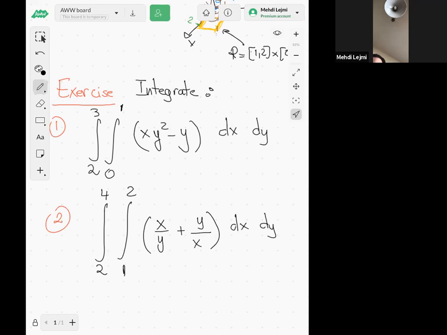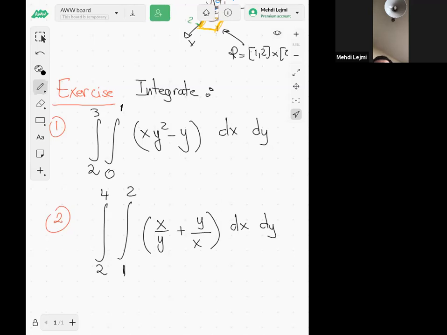After this exercise, I'm going to discuss when we can switch the order of integration, because as I said, the order of integration is actually important. Here we first integrate with respect to x, and then with respect to y, right? After the exercise, we will see when we can switch the order.